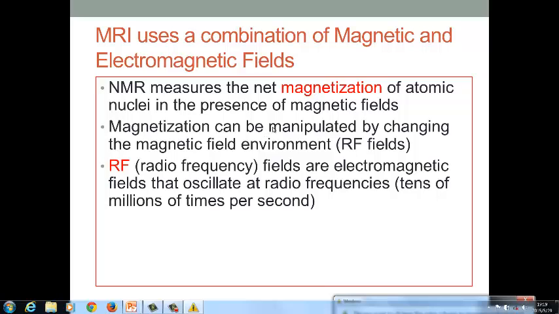This kind of electromagnetic field from outside oscillates at a frequency generally of tens of millions of times per second. So these RF fields will perturb the proton.